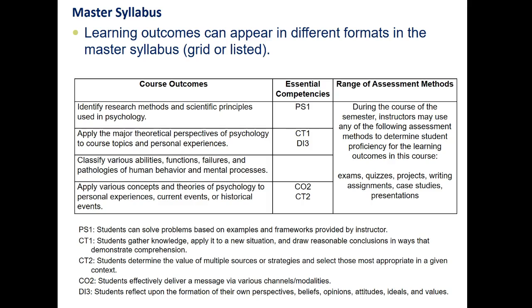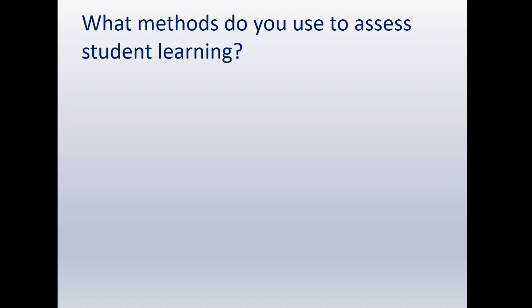As I mentioned earlier, you can assess a lot of different things, and not all of your assessments have to be related to these learning outcomes. There's lots of other things you can assess as well. But I like to keep that in mind when I'm designing an assessment, to consider what the purpose of that assessment is and how it relates to these course outcomes and essential competencies.